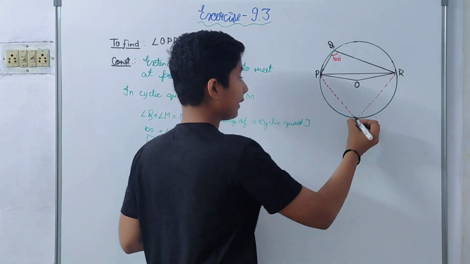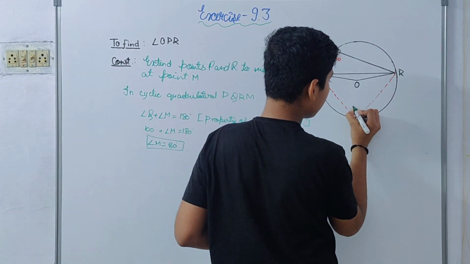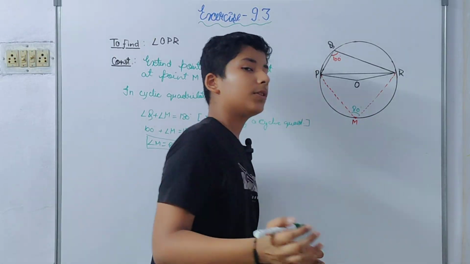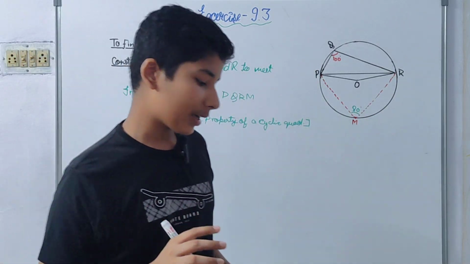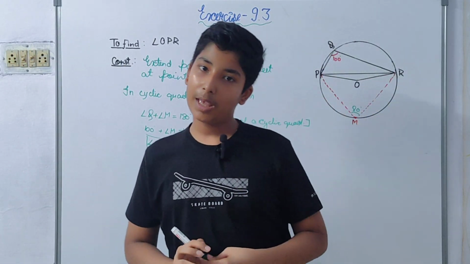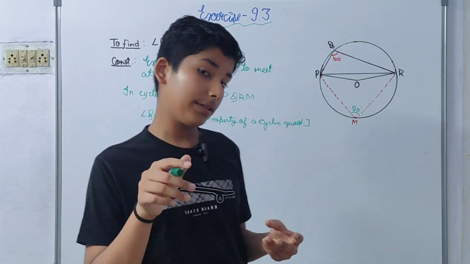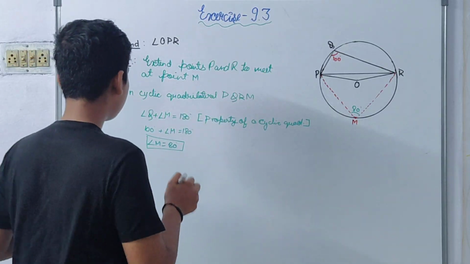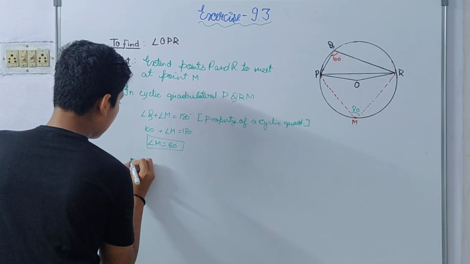Now, this is 80 degree. As you all know that identity, angle subtended by an arc at the center is double the angle subtended by the same arc at any other part of the circle.